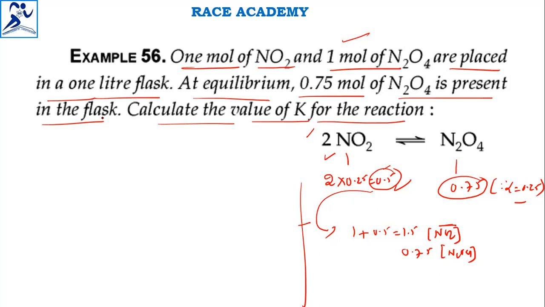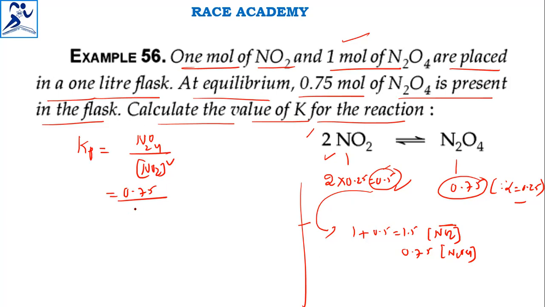For this equation, reverse equation only, you have to check the answer. That is nothing but Kp equals N2O4 concentration by NO2 concentration power 2. N2O4 concentration is 0.75 at equilibrium.